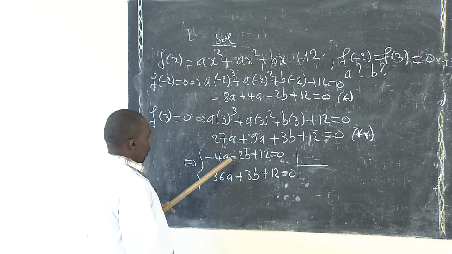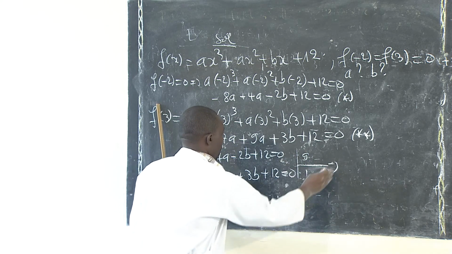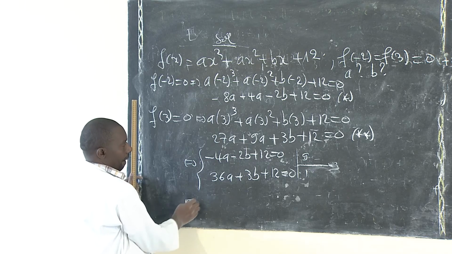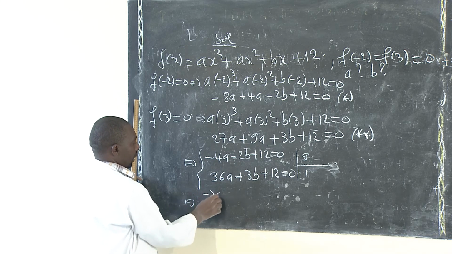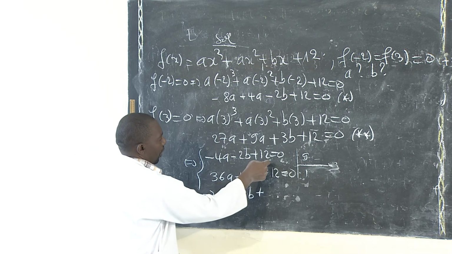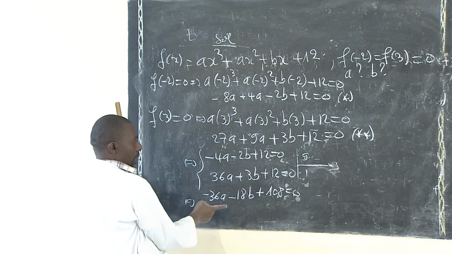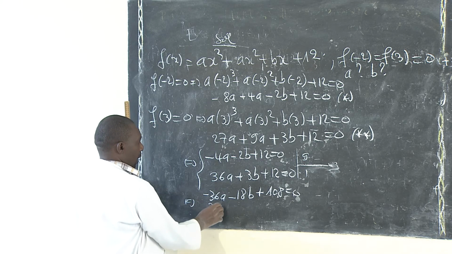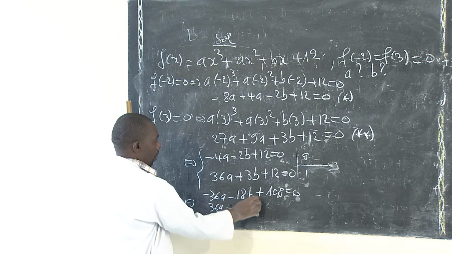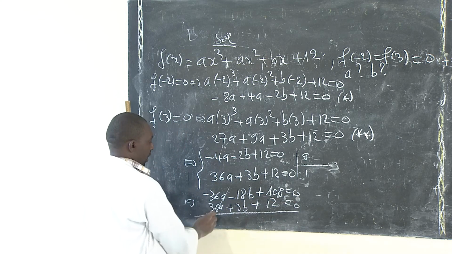The first equation can be multiplied by 9. We'll be having minus 36a minus 18b plus 12 times 9, which is 108, equals 0. And we have 36a plus 3b plus 12 equals 0. In the sum, these are vanishing.